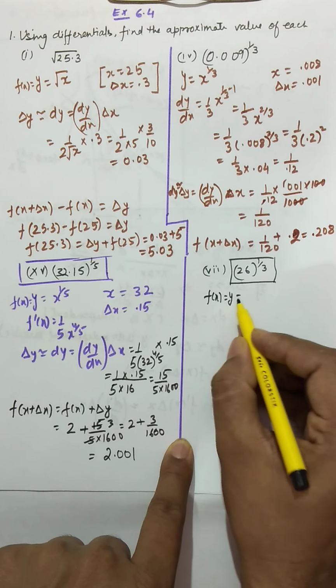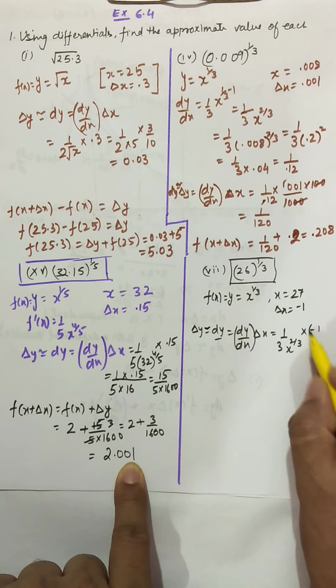Now it's all depending upon the given question. Delta x can be positive, delta x can be negative. So now we'll find delta y, dy, and that is equal to dy by dx into delta x. So dy by dx is 1 upon 3, and x to the power minus 2 by 3 it will be, and delta x is your minus 1.